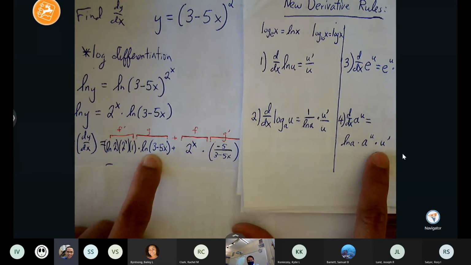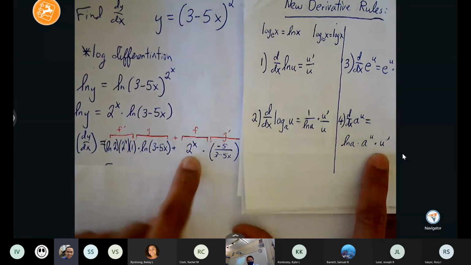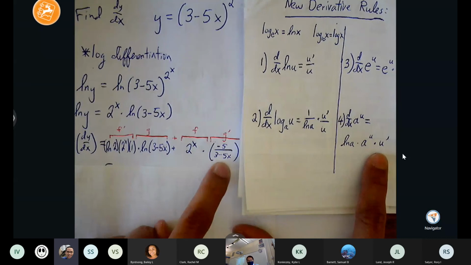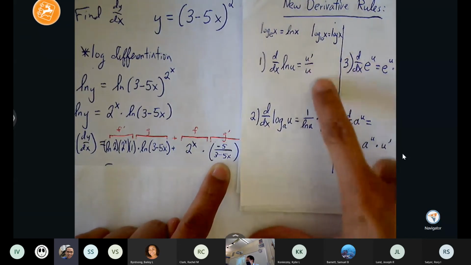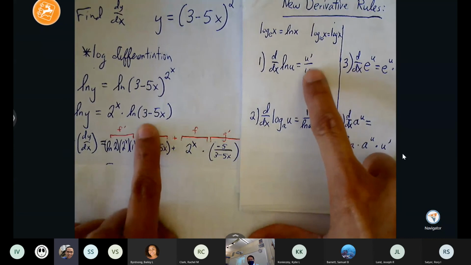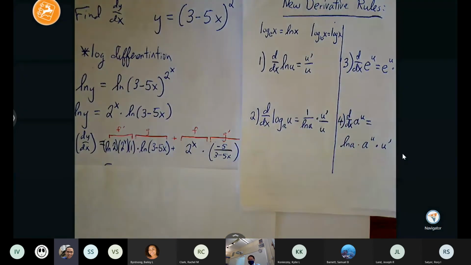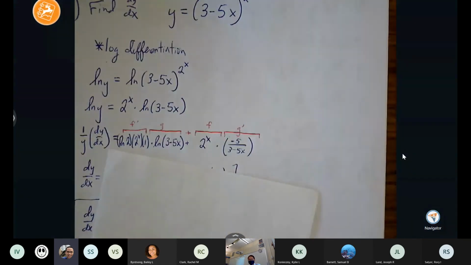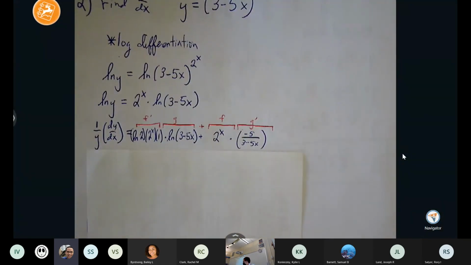We keep the g function, which is natural log 3 minus 5x, plus the original f function, and then we move on to g prime. So g prime is u prime over u because we have a natural log expression, so negative 5 over 3 minus 5x.